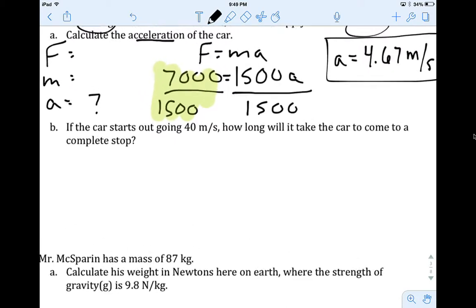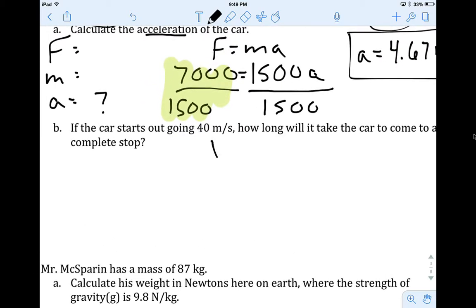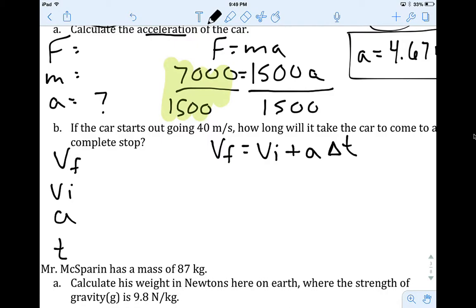So my equation is going to be vf equals vi plus a delta t. So let's see if I can come up with these things: vf, vi, a, and delta t. Well, vf is going to be the final speed.